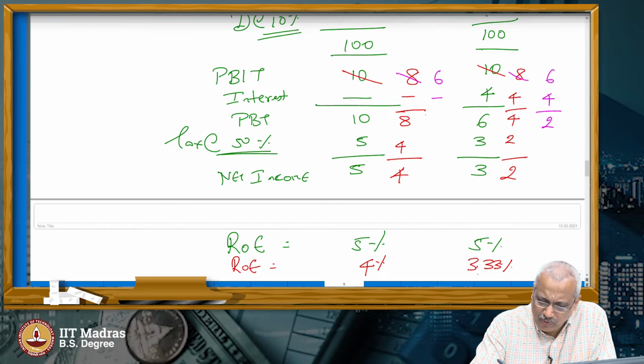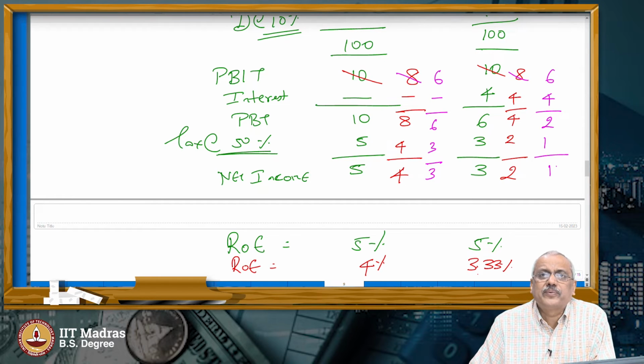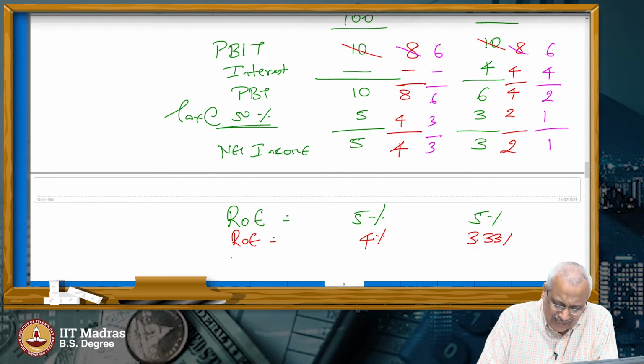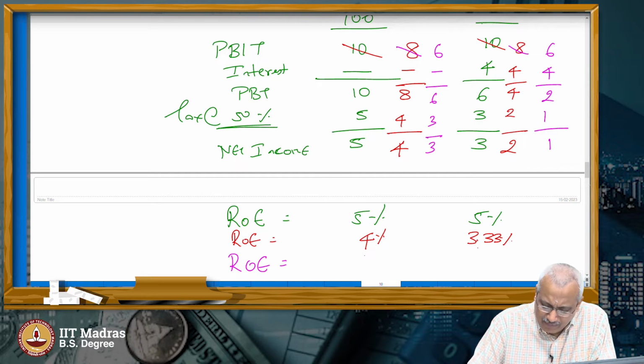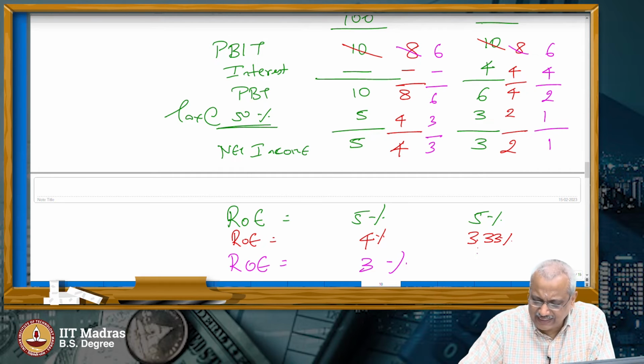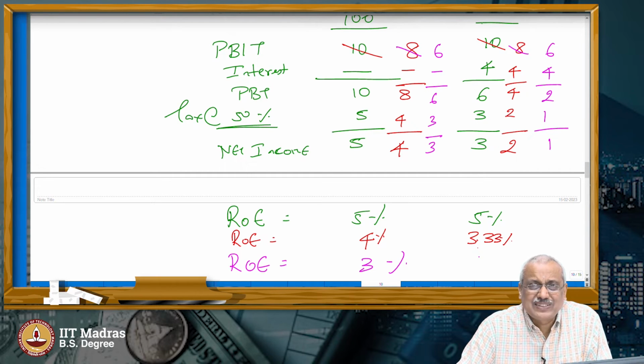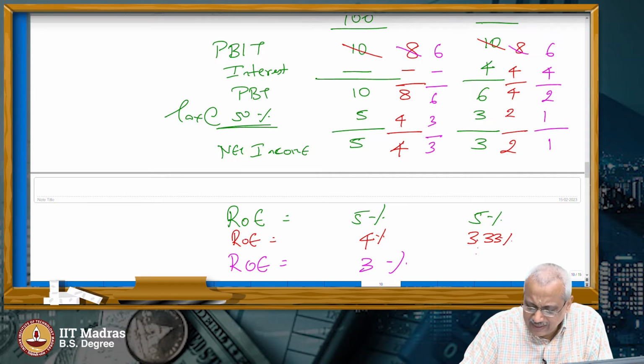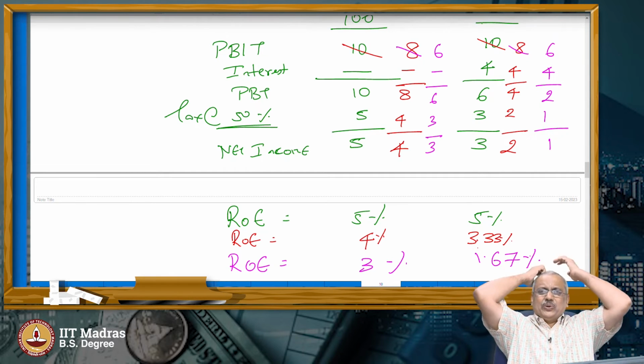So you have only $2 out there. In this particular case, you have $3 as net income. In this particular case, only $1 comes in. So in the third case, ROE, my return is 3% in the first case. Second case, $1 for $60 out there, 1.67%. See the velocity of change, huge change.